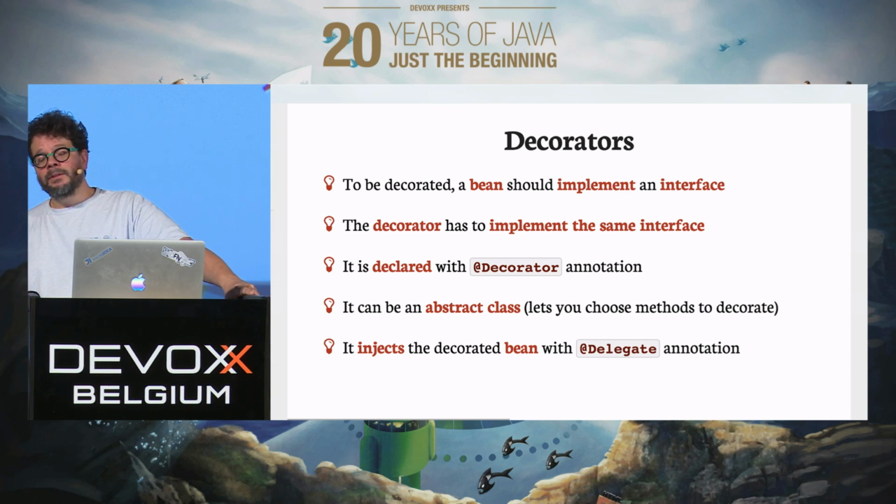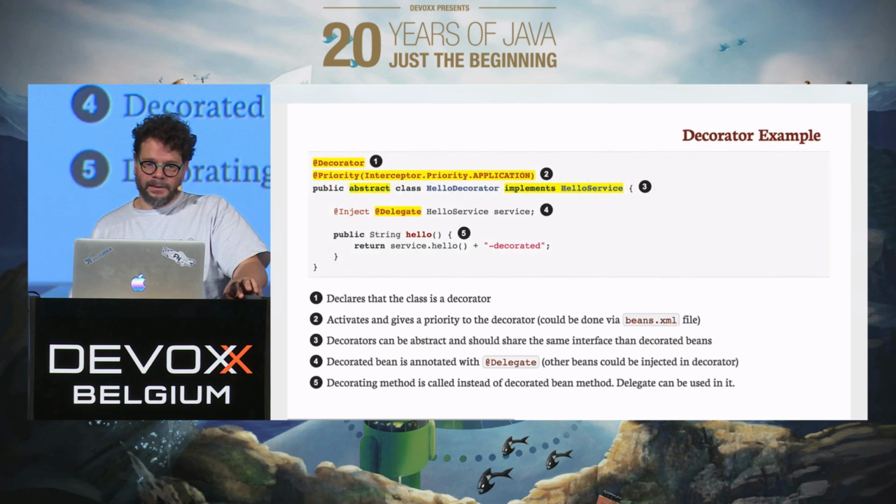As you implement the interface, you may want to only decorate one or two methods, so you can declare your decorator as an abstract class to only override the methods you want to decorate. And you will inject the bean you are decorating in your decorator. So it gives something like that.